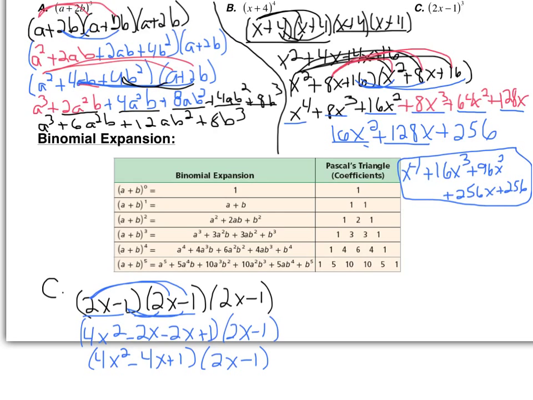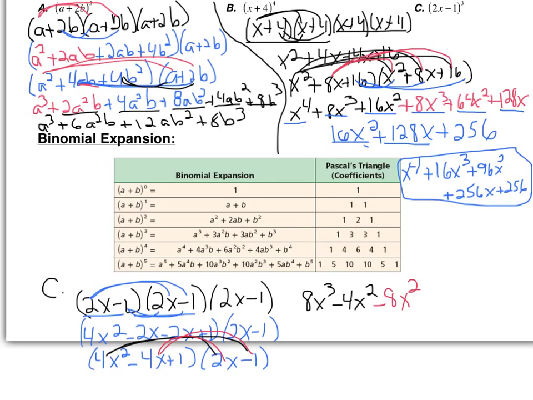Okay, then we can distribute 4x squared times 2x. 4 times 2 is 8, x squared times x is x cubed. And then we have 4x squared times negative 1, which is negative 4x squared. And then we have negative 4x times 2x. Negative 4 times 2 is negative 8x squared.